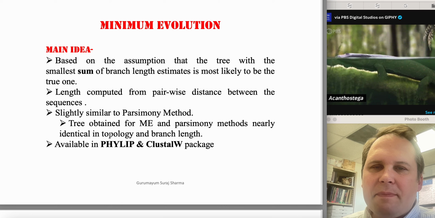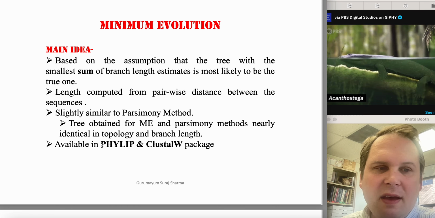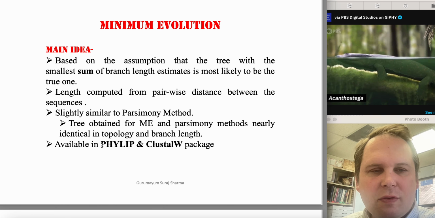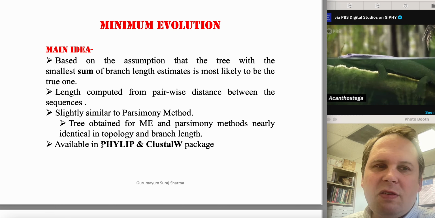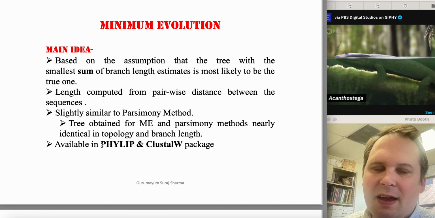Minimum evolution is available in the Clustal W package or in Phylip, among other things. You can do a neighbor joining tree, you can do a minimum evolution tree, and you can compare the results, see how they're similar or different. With only two sequences, you will not see much of a difference, only in the lengths of the branches, maybe, but probably not even.